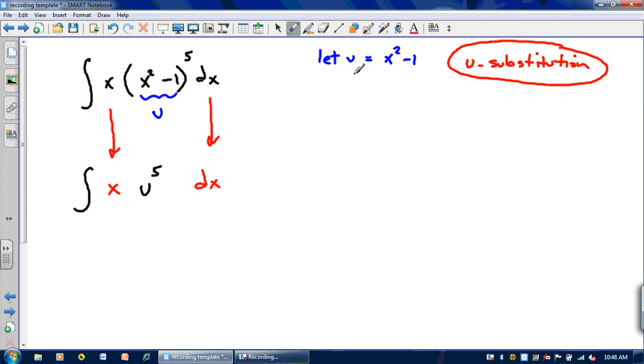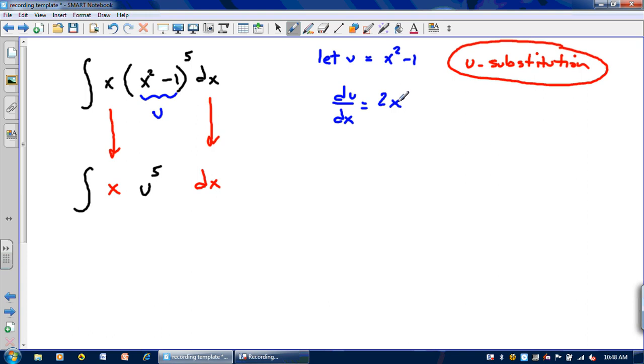Well, now what we're going to do is differentiate both sides of this equation. If I differentiate both sides with respect to x, the derivative of u with respect to x is du dx, and the derivative of x squared minus 1 is 2x. Now, keep in mind my goal here is to find something to replace the x and the dx with.